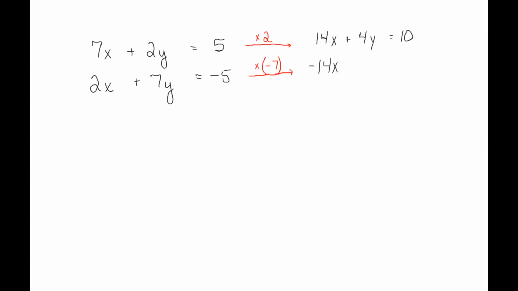I want them to be the same but with opposite signs. And 7 times negative 7, negative 49y equals 7, negative 7 times negative 5, positive 35. And then I'm going to add these guys together. This time my x is 0 out.